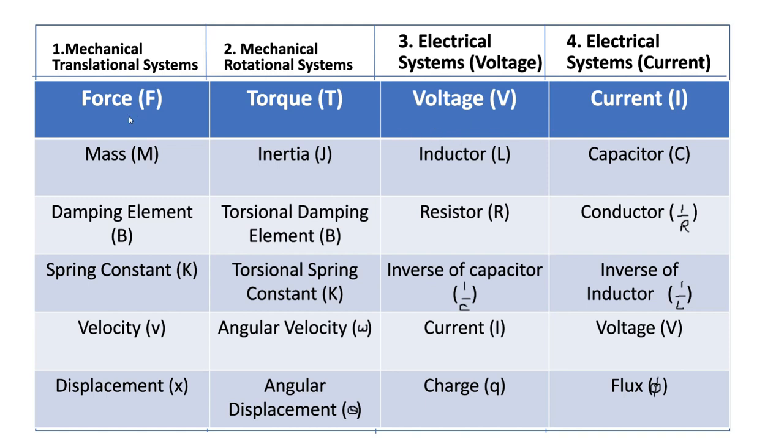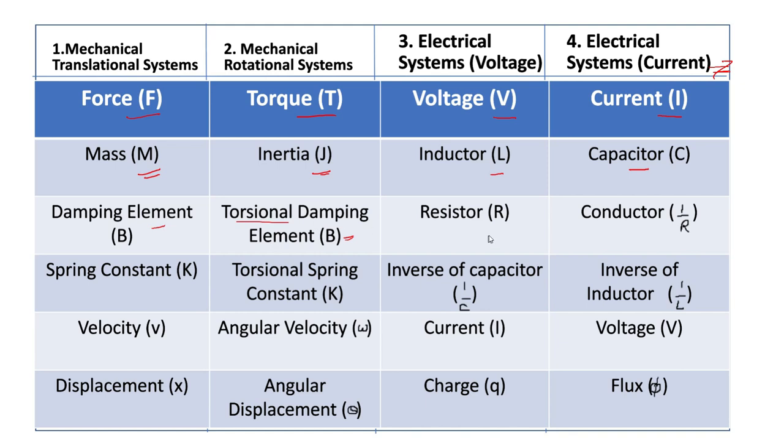So force in translational system becomes torque in rotational system, and then it becomes voltage, and here current I. Mass m becomes inertia in rotational system, and inductor in voltage, and capacitor in this fourth case, current or nodal system. Damping element B remains same but with a different name, torsional damping element.